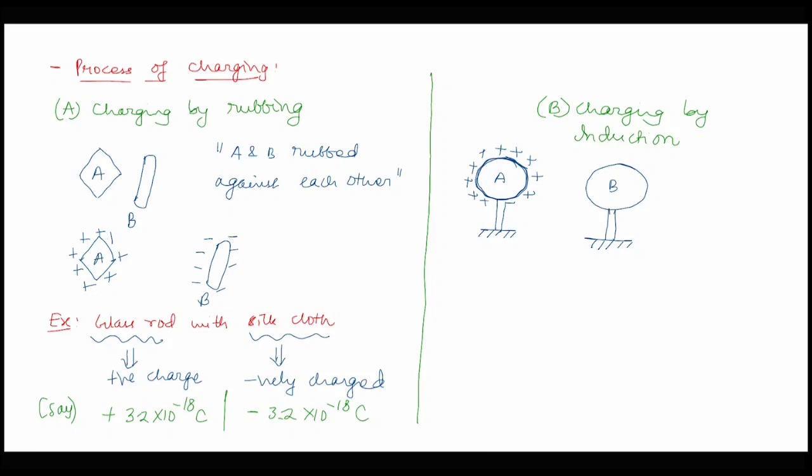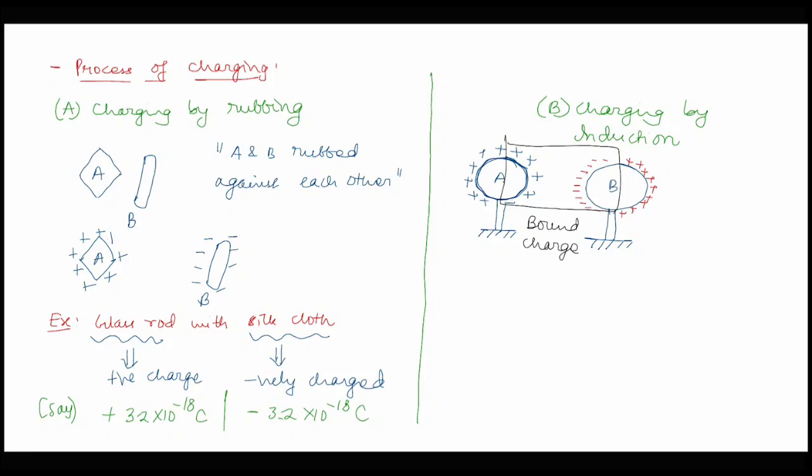A will induce some negative charge on B. The positive charge on A will attract all the free electrons present in B to the end facing A, and as a result the farther end away from A will acquire positive charge. This negative charge gets bound because of the positive charge present in A and is regarded as bound charge.